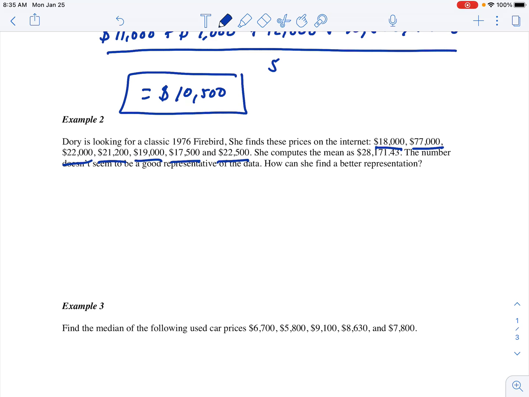She computes the mean as $28,107.43. Okay. Now, that, if you look overall, is kind of a high number. And the reason why is because of this right here, this 77,000. That is what we call an outlier.